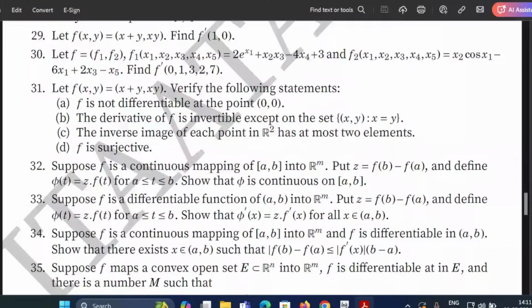Who got the answers? Question number 30.